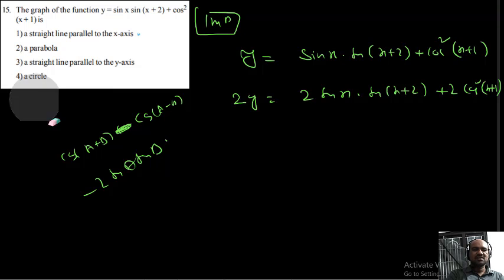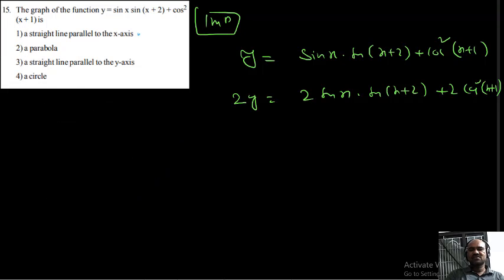Students, listen here. Actually we will get the reverse of that form: cos of a minus b minus cos of a plus b. Here I want to write cos of a minus b first. Cos of a minus b is cos of x plus 2 minus x, minus cos of a plus b, where a plus b is 2x plus 2.